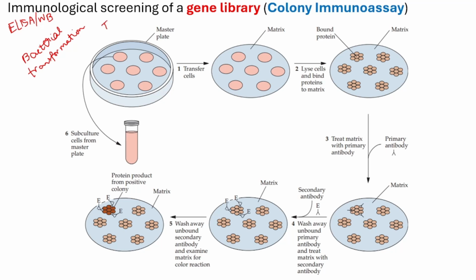So this is such a plate. This is a transformant plate where these colonies that you can see here, these 7 colonies that they have shown, are basically transformed colonies. So you transfer the cells to a matrix. Now this matrix is usually a nitrocellulose or a nylon matrix.